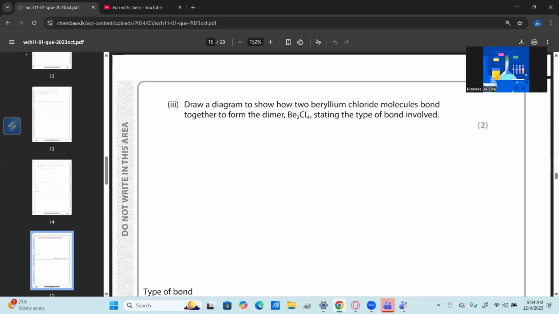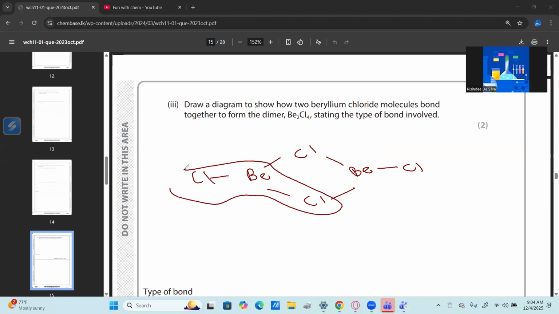Draw the diagram of Be2Cl4. So the only way we can draw it so that the 2 beryllium atoms are having this is the only way you can draw. Because each beryllium should have 2 chlorine and there should be a dative covalent bond forming between chlorine and beryllium.